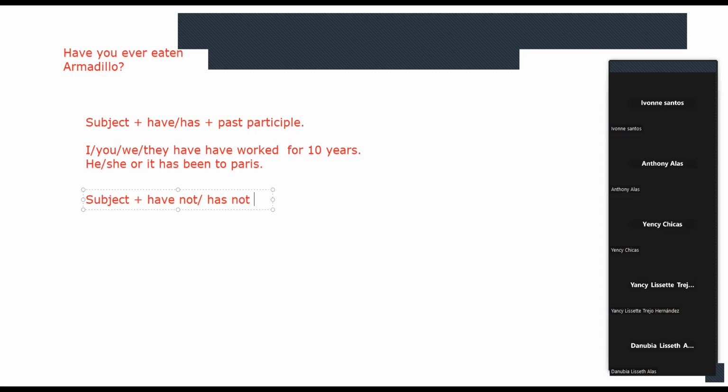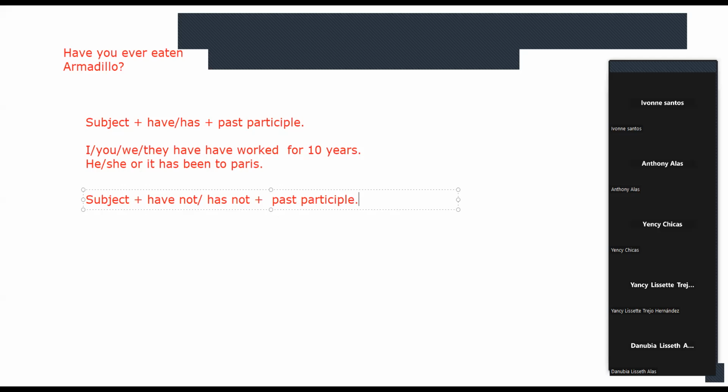And then what is next? Not simple present. Past participle. Do you remember the verbs that I told you to learn? Still past participle. Forever and ever you will use past participle, guys, when I use have or has.